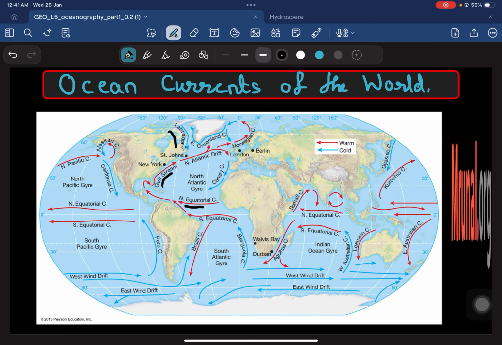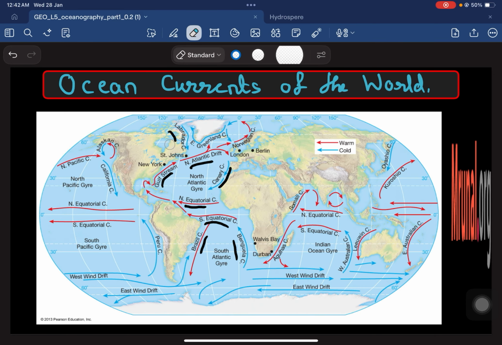North Equatorial current, North Atlantic drift, Canary current, and next Brazilian current, South Equatorial current, Benguela current. These whole currents will come under the Atlantic Ocean, right? Yes or no? These whole currents will come under the Atlantic Ocean.